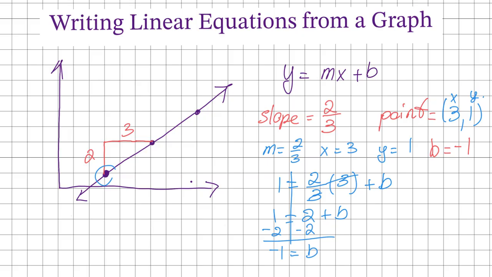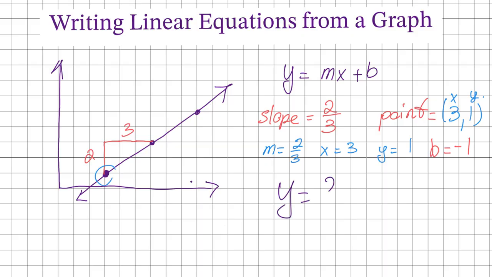Let's go ahead and write our equation. So y equals, instead of writing m, I'm going to write 2 over 3 x, and then minus 1. That's it.